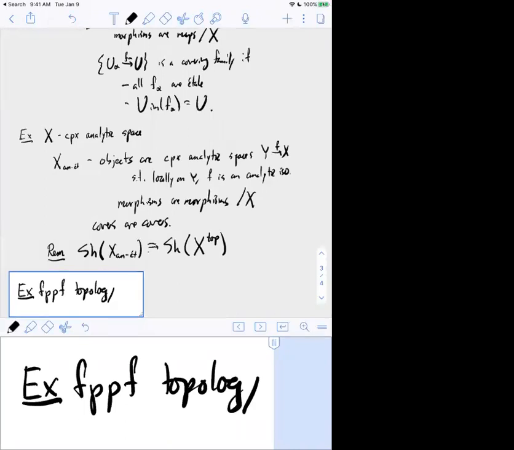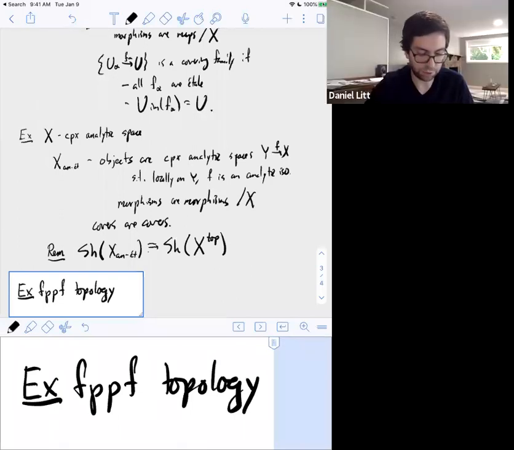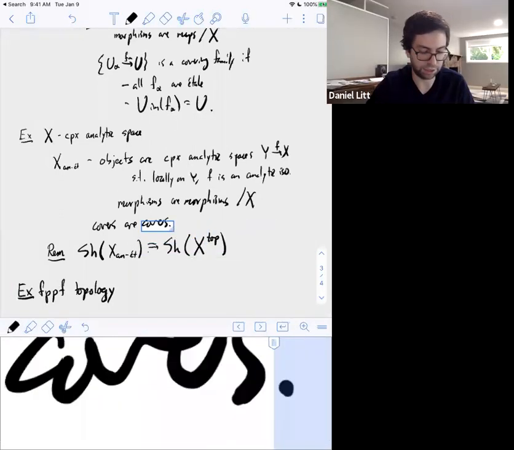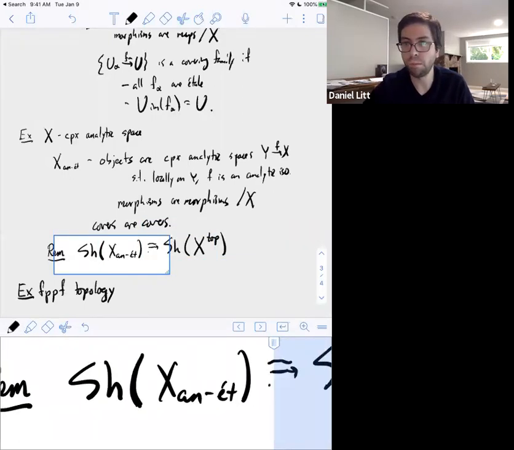Sorry, actually, I do have a question. Yeah, go ahead. It looks like the underlying categories for these two sites are different. Is that wrong? Yeah, they are different. So on the right hand side, you just have open subsets of X, and here we have things like covering spaces. So they're generally quite different.